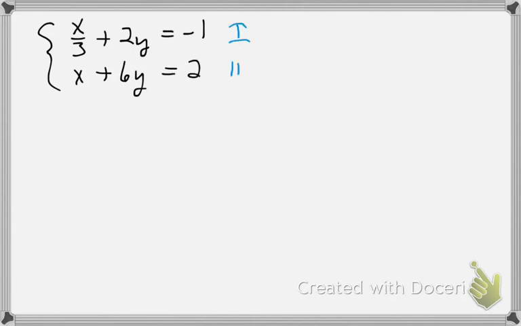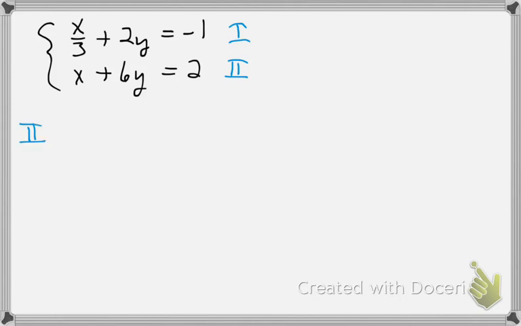What if I give you x over 3 plus 2y equals negative 1, x plus 6y equals 2. Another system, let's solve it by substitution. Who's the limping zebra? X in the second one? We can do that.